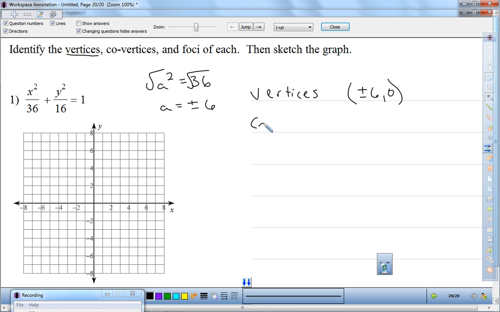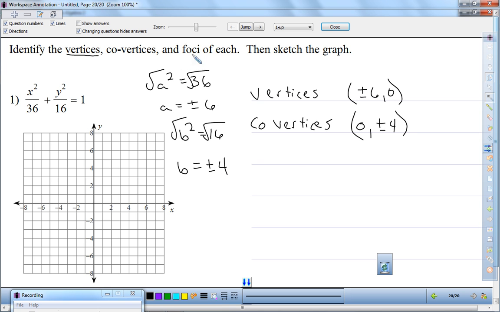Now our co-vertices will come from b. b squared is equal to 16, remembering that b is always the smaller of the two values. It doesn't matter if it's listed underneath the x squared or the y squared, but wherever the smaller value is, that's the b value. So we take the square root of both sides, and b is equal to plus or minus 4. Now it's underneath the y, so we'll have 0, plus or minus 4.